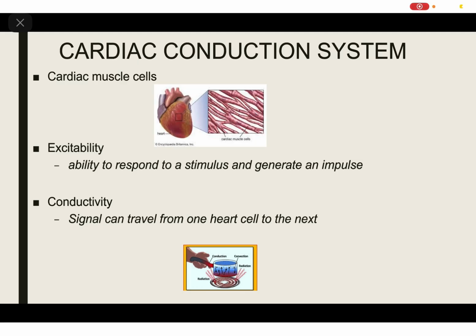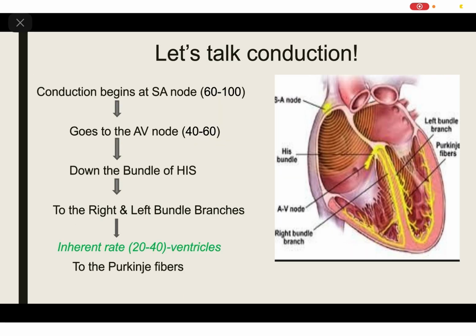If you've ever been in a stadium, as you are watching the wave go around the stadium, everybody stands up and does the wave, right? So it's kind of the same thing with cardiac cells. They're all passing this signal on to the next person to their right. So that's an important characteristic of the cell.